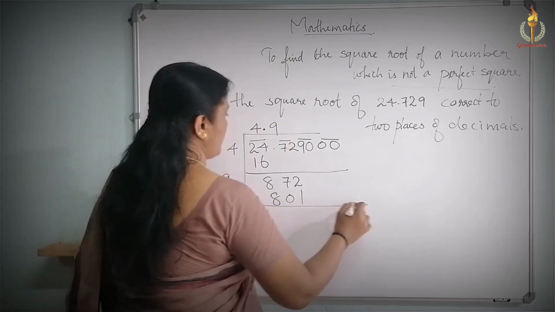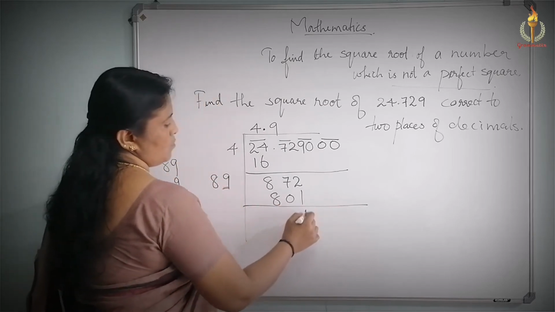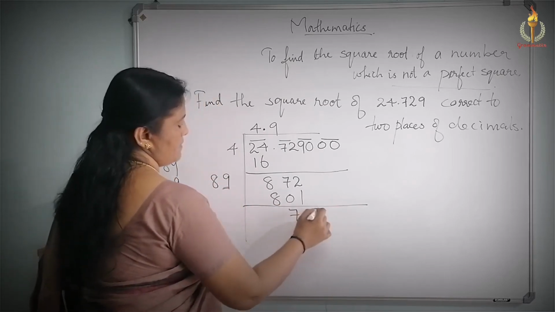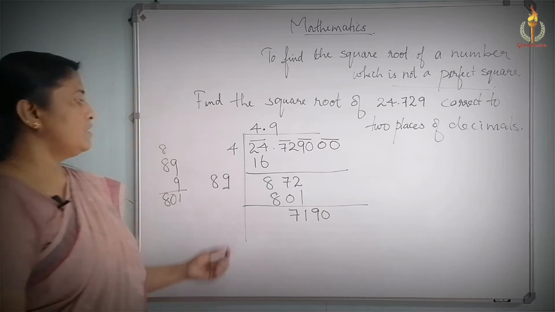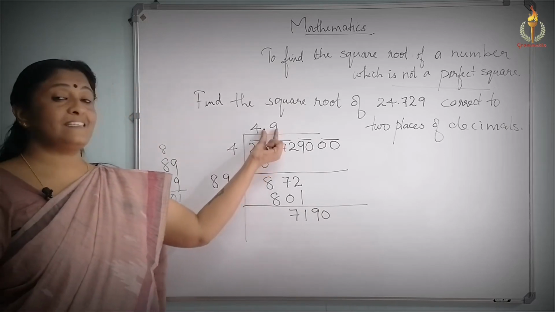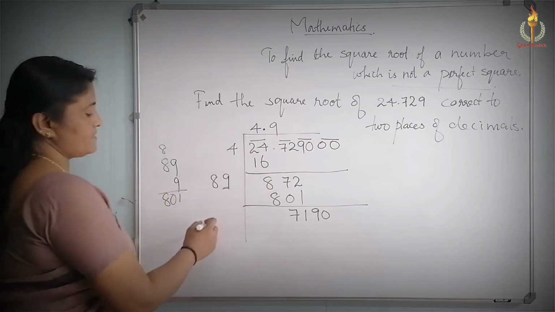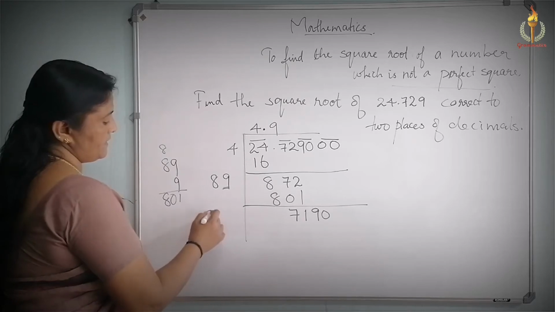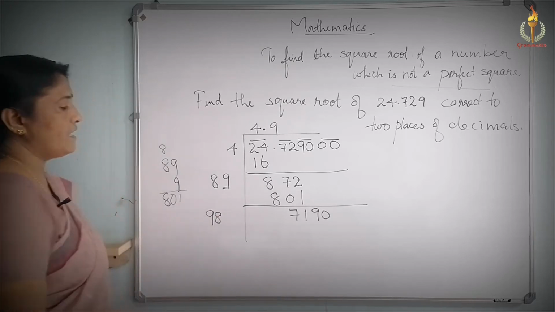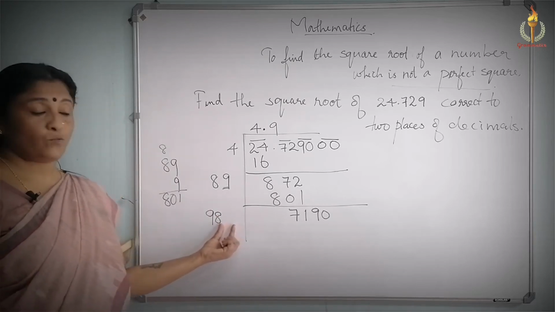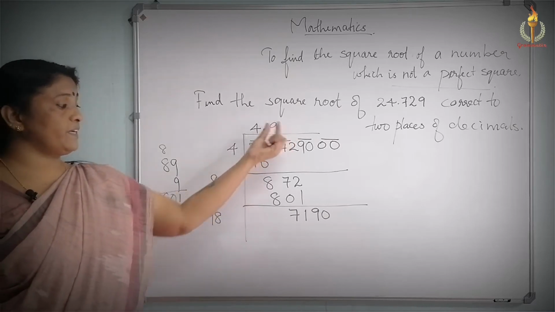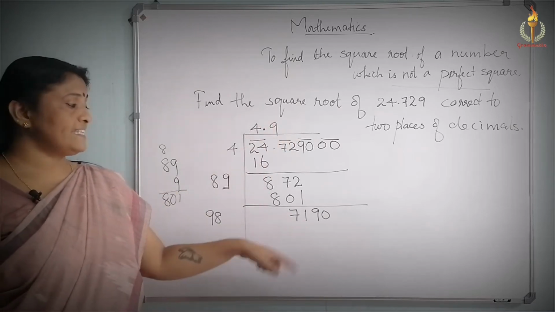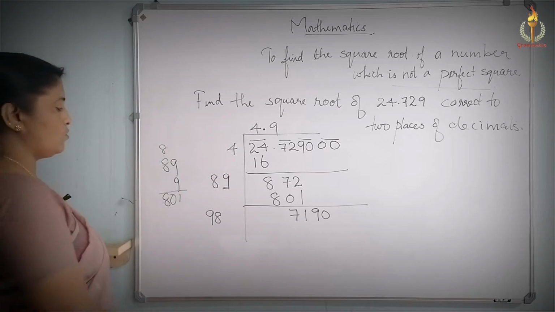So again you subtract, 1 7 9 0. Now 89 plus 9, you get 98, and now you have to select one number here, the same number will be coming there, so that it will be less than 7190.